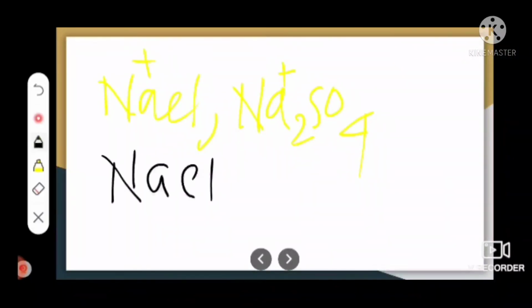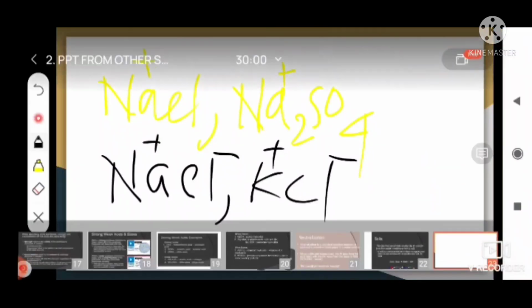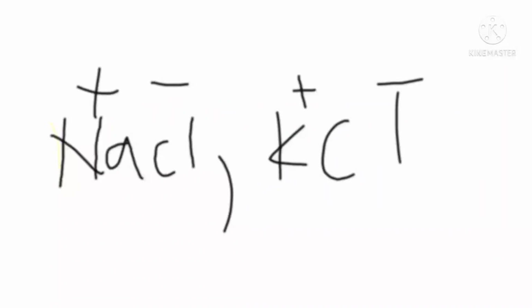And also the salts having the same negative ions are said to belong to a family of salts. NaCl and KCl are examples of such salts.